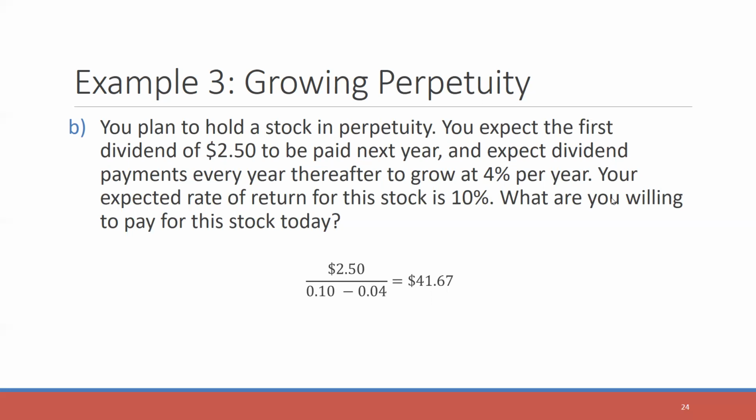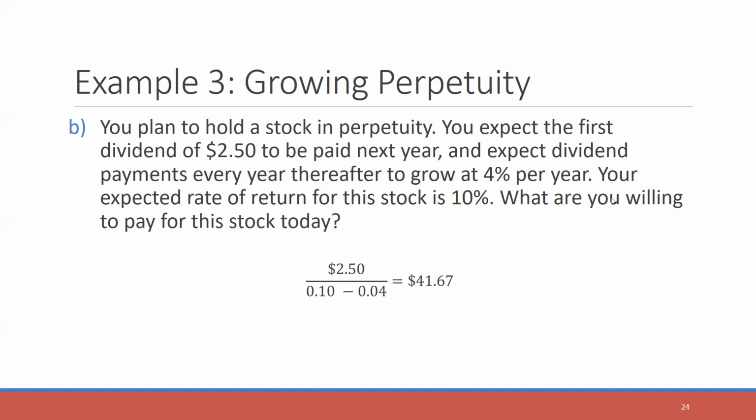So this is why we think of sometimes the stock price as the discounted stream of perpetual dividends. So we've got our 2.50, we divide by 0.10, our discount rate, minus 0.04, our growth rate. Two things should jump out at you.